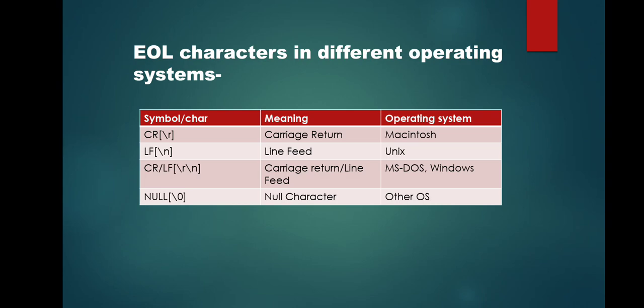In Windows or MS-DOS, every line is terminated by a combination of two escape sequences, \r and \n, carriage return and line feed. In other operating systems, \0 is used as the end of line character.